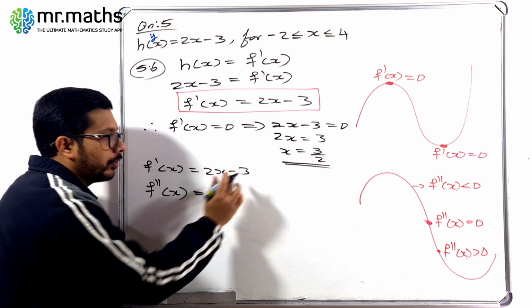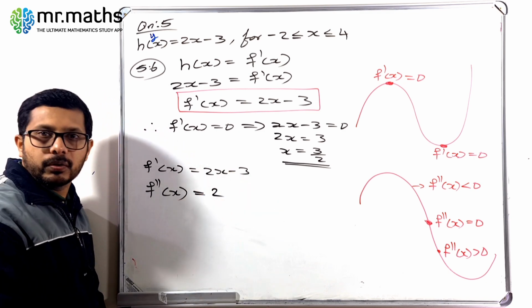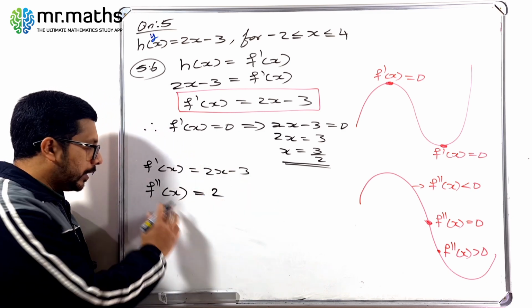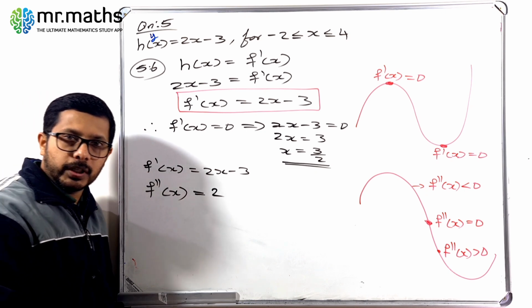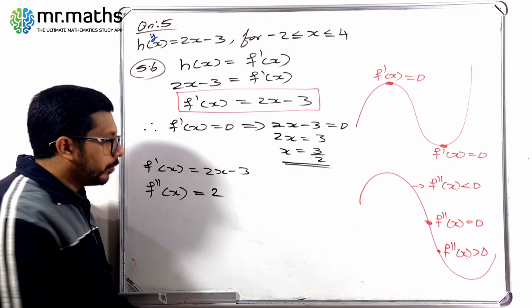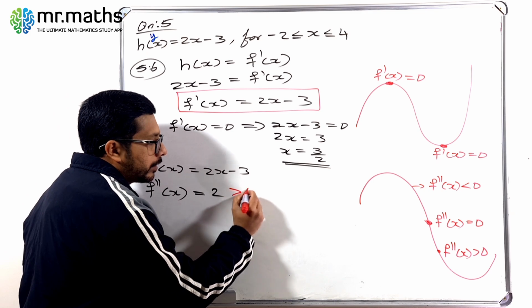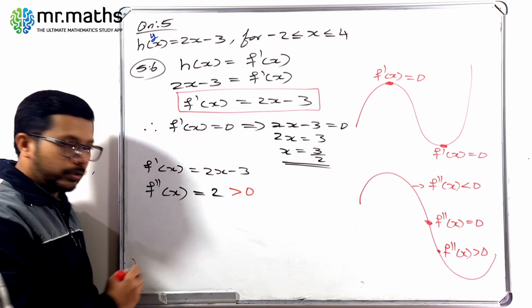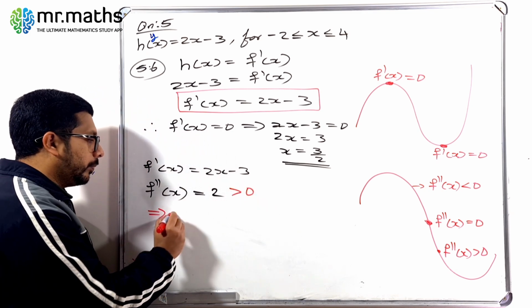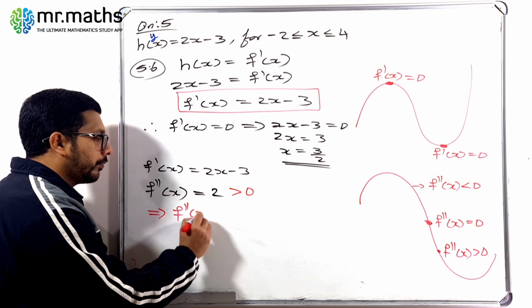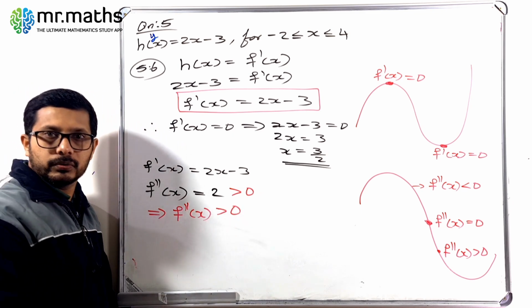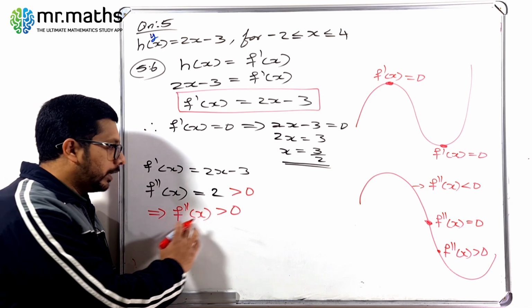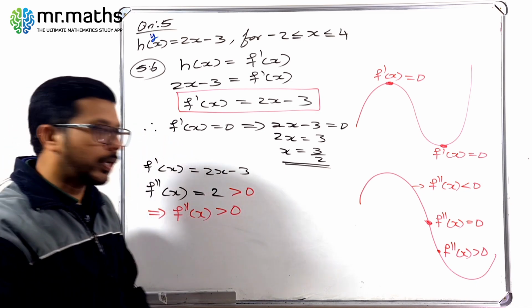And what is the derivative of minus 3? 0. Constant term derivative is 0. That means f double dash of x is equal to 2. Is 2 positive or negative? Positive. So it means that it is greater than 0. What is the meaning of that? It implies that f double dash of x, second derivative, is greater than 0. Second derivative is greater than 0 means what?